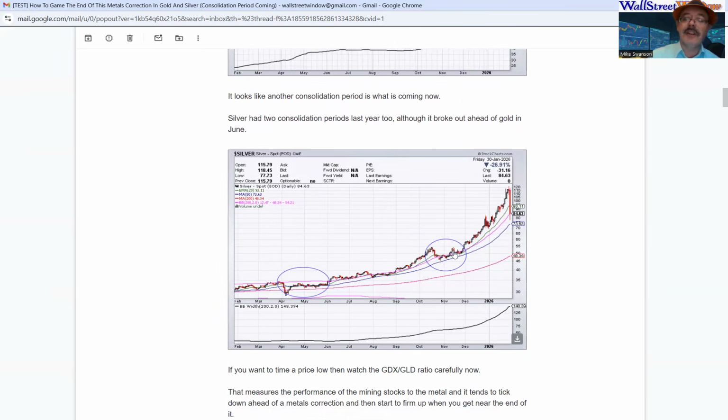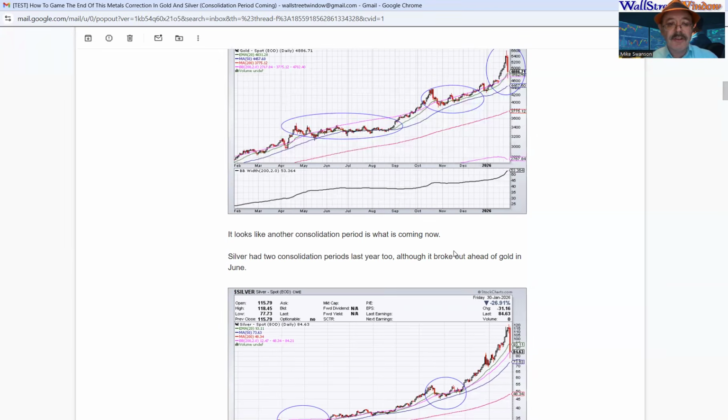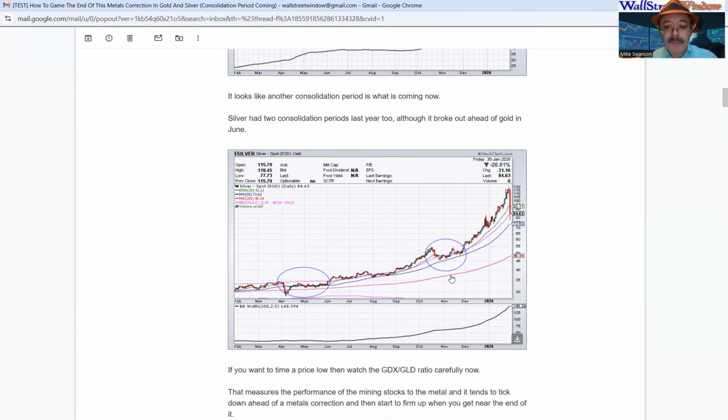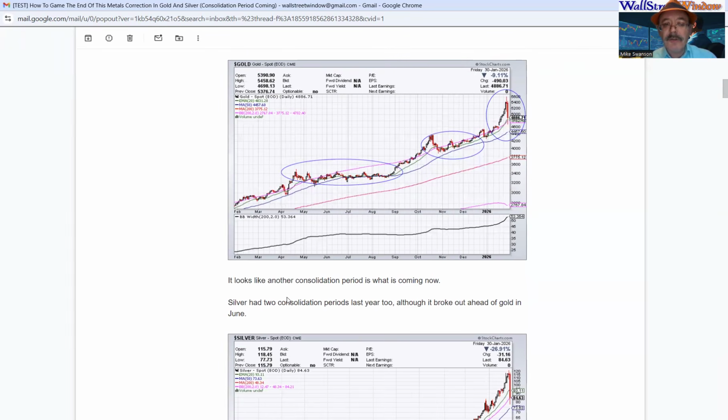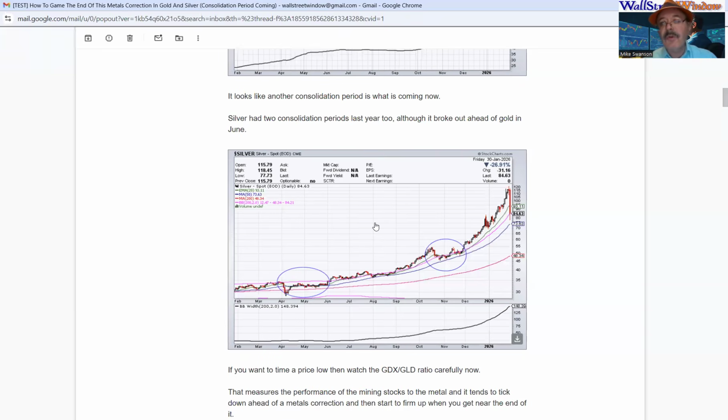Silver just got into a much more powerful bull move after the April correction that took place in both. Silver fell just about 20% in April, on that dip. Gold didn't fall that much, but silver did. Silver's more volatile than gold, as you saw last year.